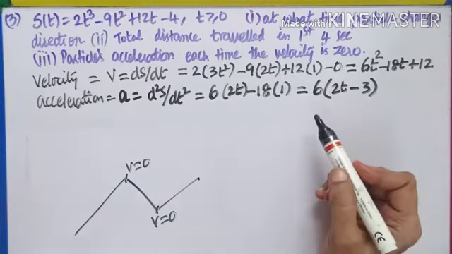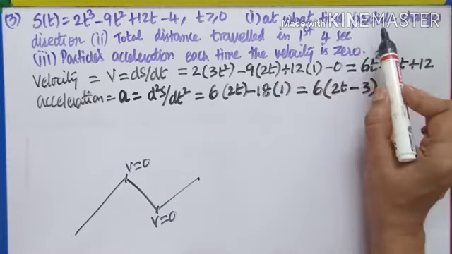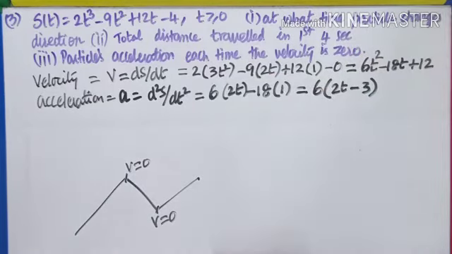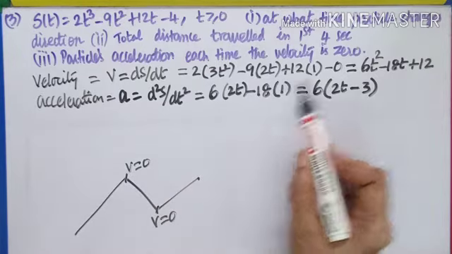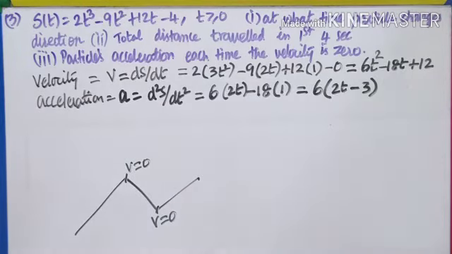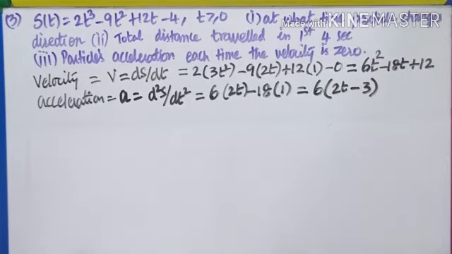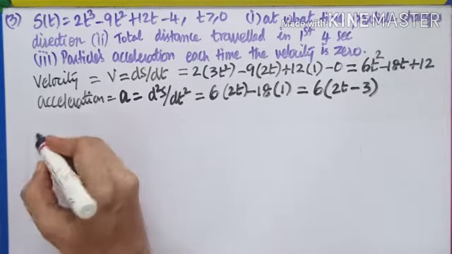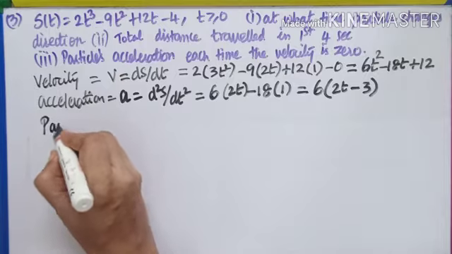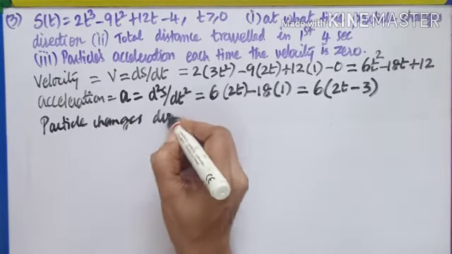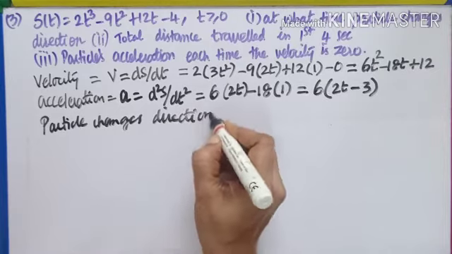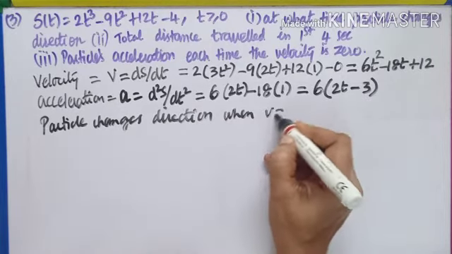So this question tells me at what time particle changes direction. Put velocity 0 to get the time when the particle changes direction. So what is the velocity that we have found out? Let us put it equal to 0. Particle changes direction when v equals 0.